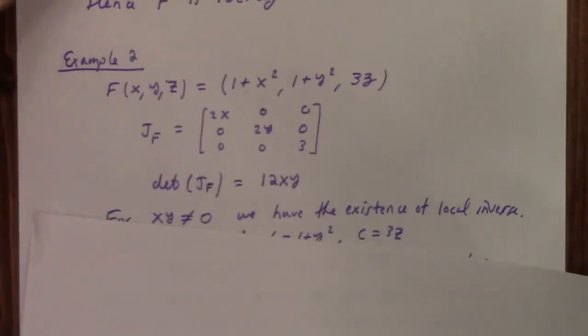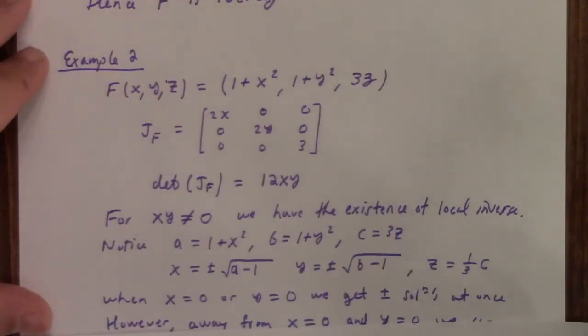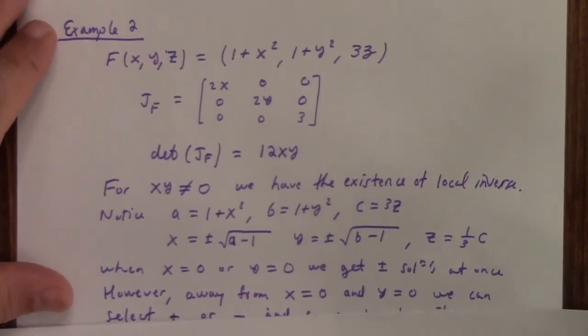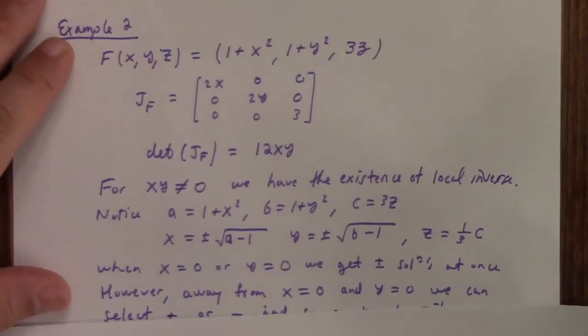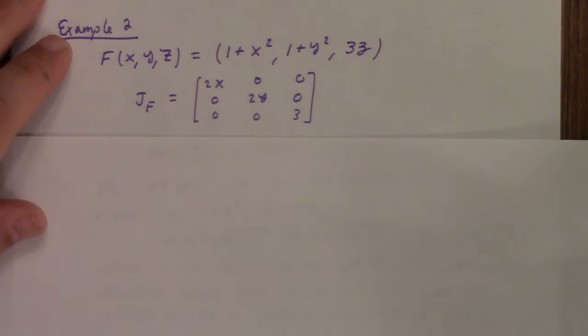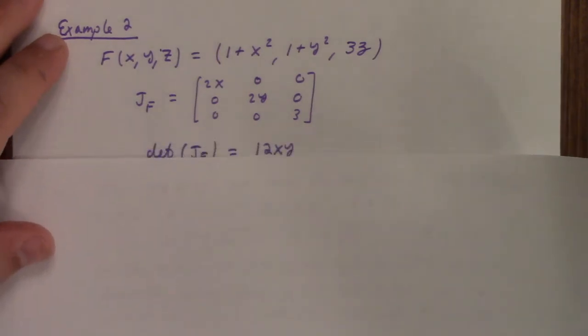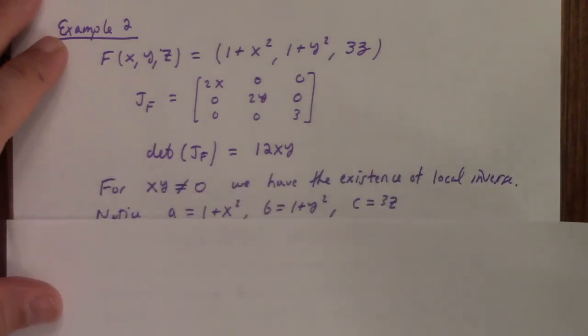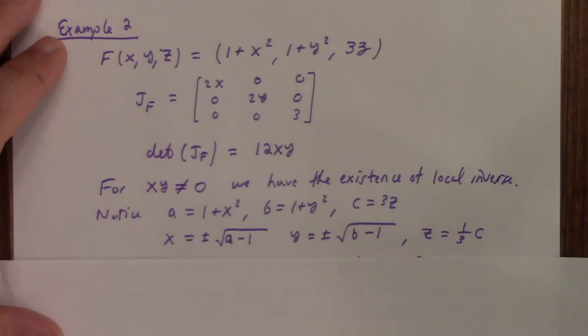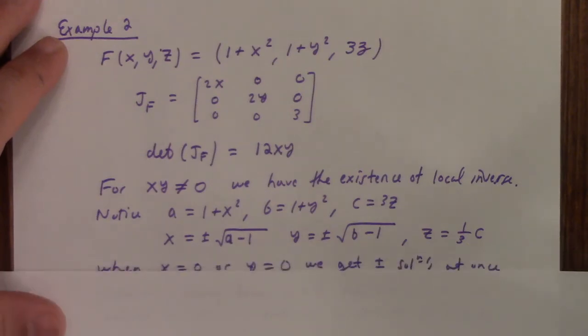And then one more example, I think. F of x, y, z equal to 1 plus x squared, 1 plus y squared, comma 3z. To calculate the Jacobian, it's actually a diagonal matrix. The determinant of a diagonal matrix is the product of the diagonals, which in this case is 12xy. So as long as xy is non-zero, we have the existence of a local inverse. And the algebra is not too hard to do here.